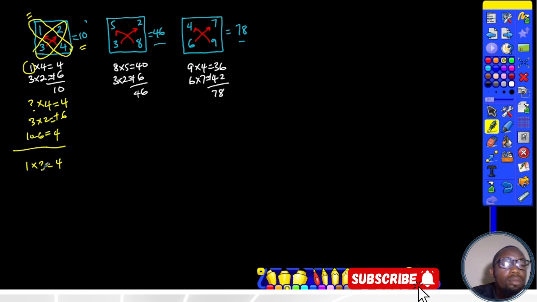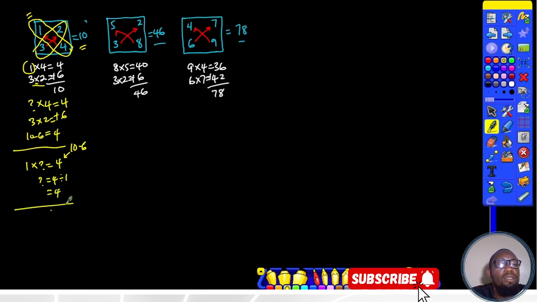I don't know if this is even going to be equal to 4. For me to get this first, I need to do 10 minus the product of this, which is 6, and I'm going to have 4. So I now know that 1 times this should give me 4. So this number should be 4 divided by 1 by reverse engineering, which is still going to be 4.